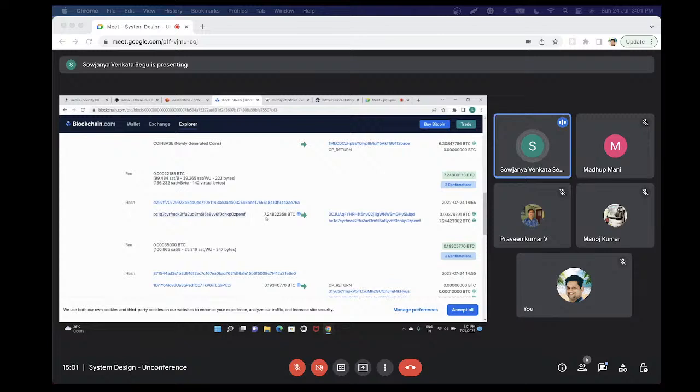The current address has 7.24822358. From that, a part of it is transferred to someone, and the rest should go back to the original owner. If we don't create this particular output, the balance amount becomes the transaction fee.